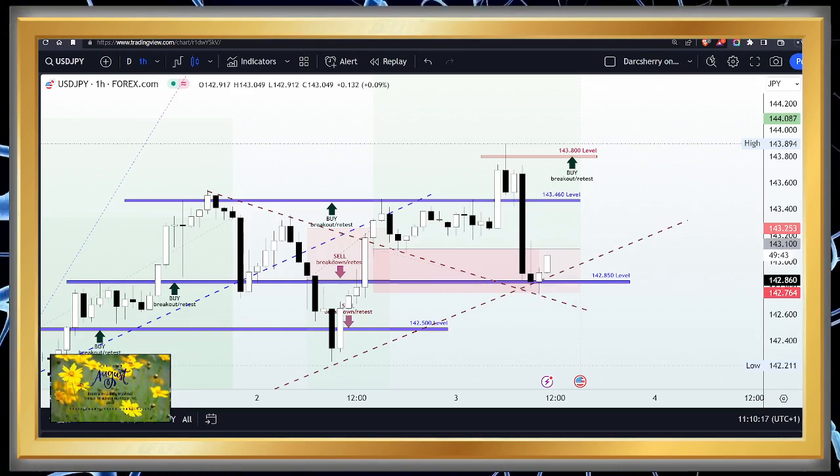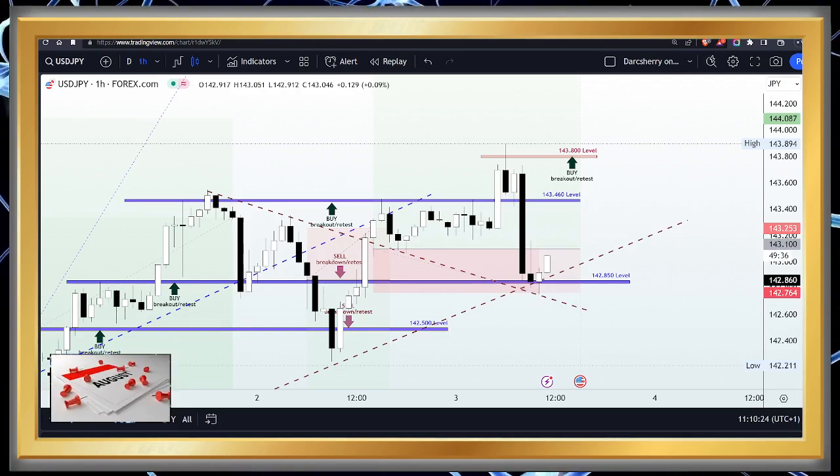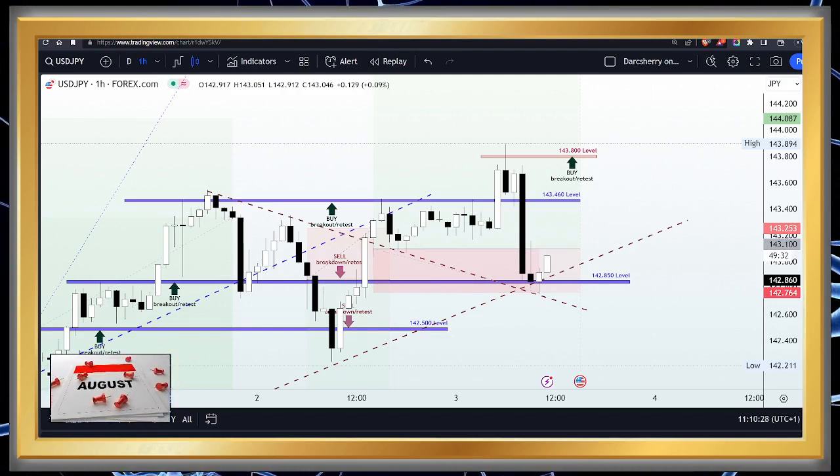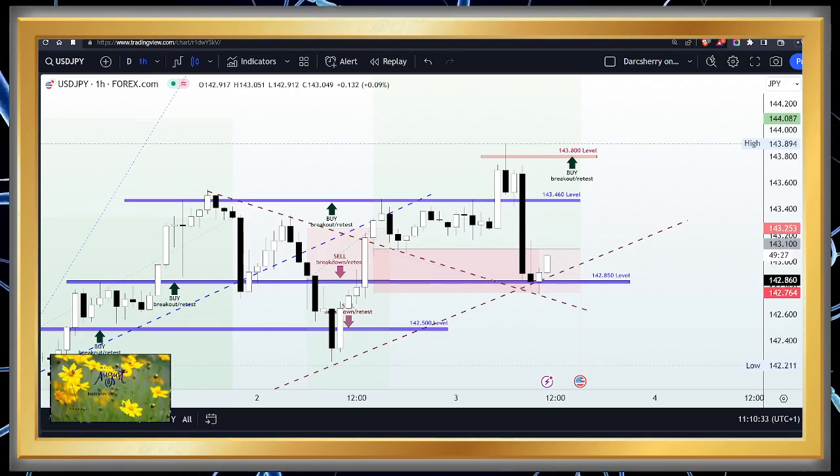And we are relying on simple parameters such as trend lines, key levels, and chart patterns to uncover valuable insight into the historical price movement of the current market structure.